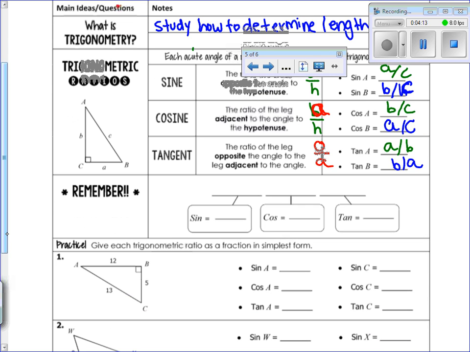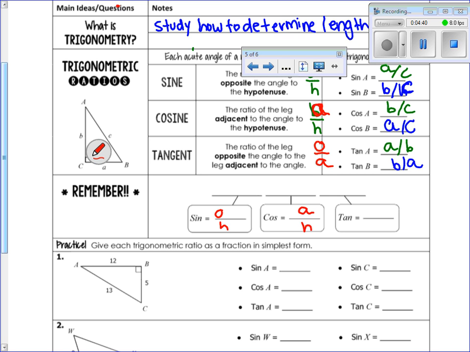Now, remember, these are things you can remember. The sine of an angle is O over H. The cosine of an angle is the adjacent over the hypotenuse.